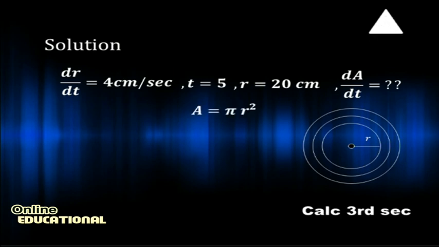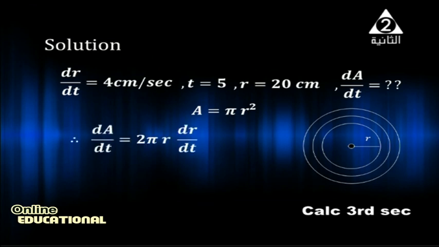Yes, the area A equals π r². We can differentiate both sides with respect to the time t. The derivative of A is dA/dt equals π is a constant, and the derivative of r² is 2r dr/dt. Then dA/dt equals 2π r dr/dt.